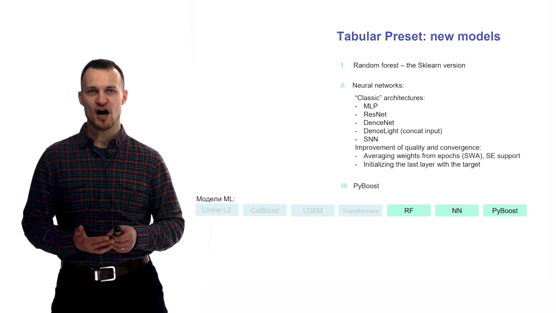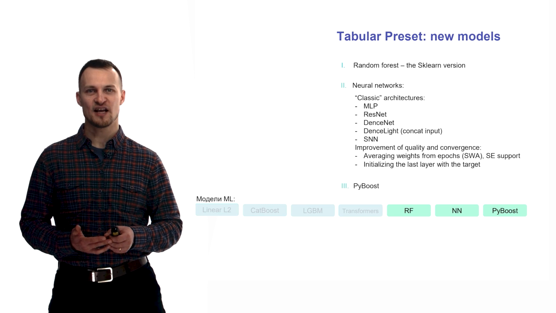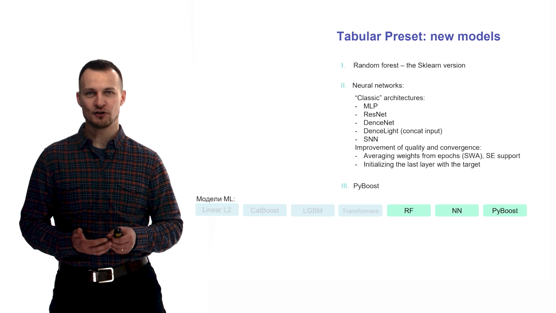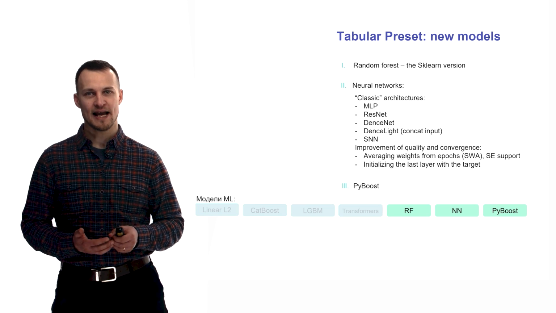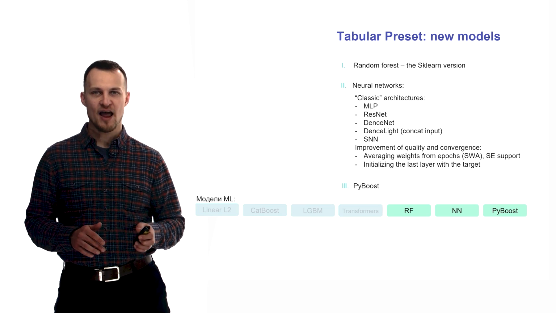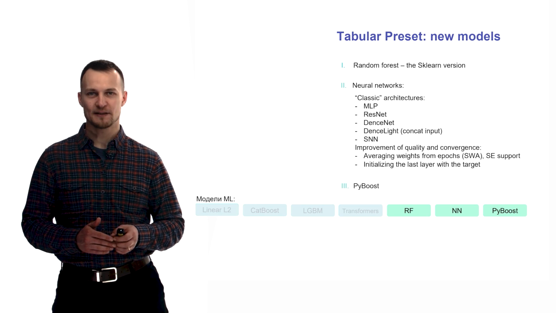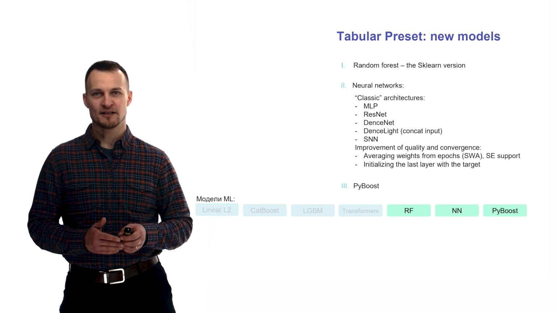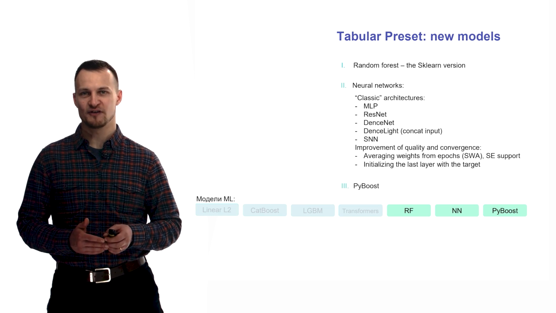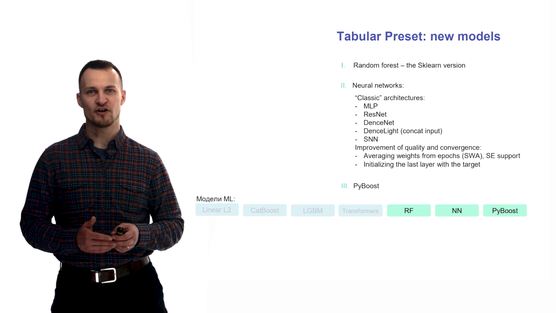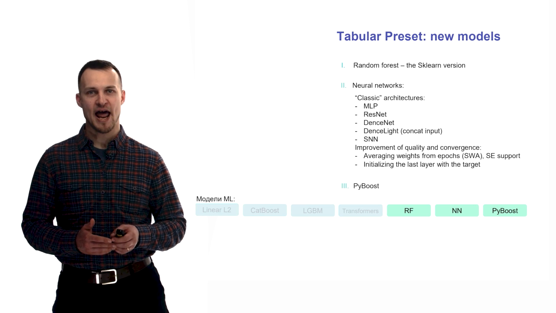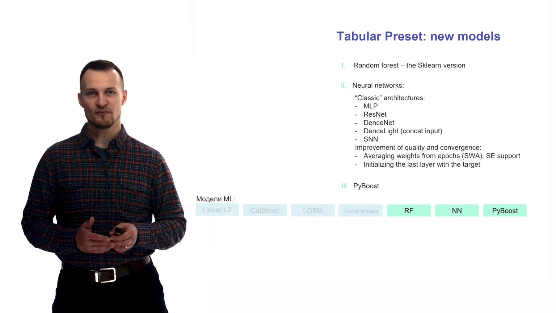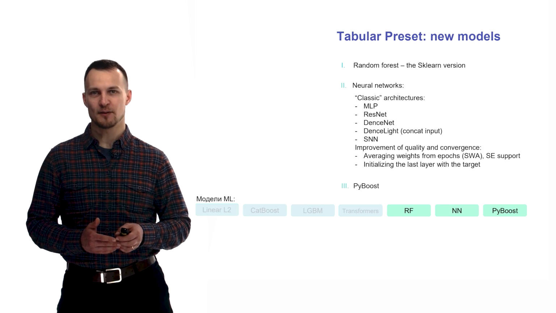Secondly, there is a large neural networks model with several classical architectures available and a couple of techniques to improve quality and convergence, such as averaging weights from specific epochs, initializing the last layer with a target, selection of network topology by cross-validation, transfer of an arbitrary custom architecture, and this is not a complete list. Another algorithm recently added to LAMA is PyBoost.